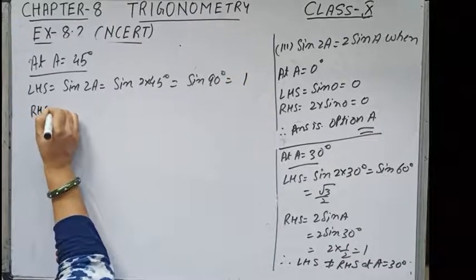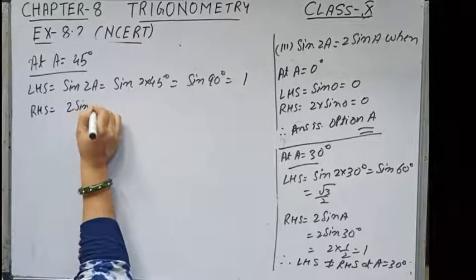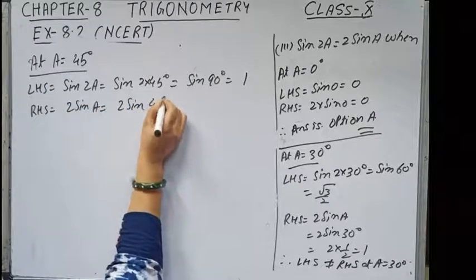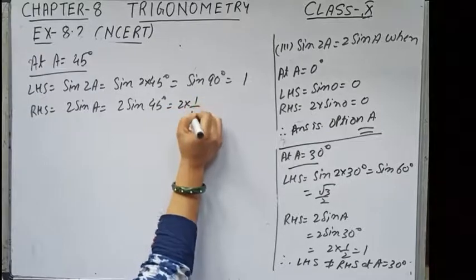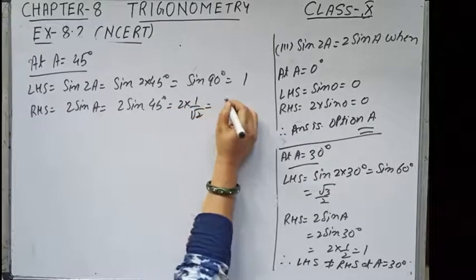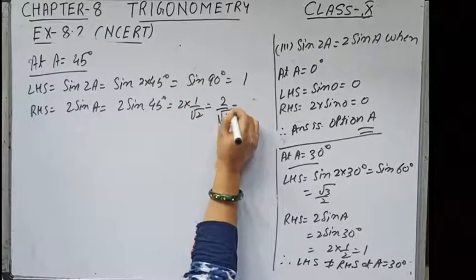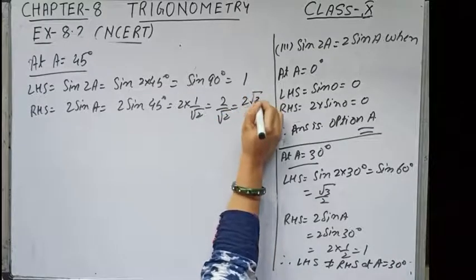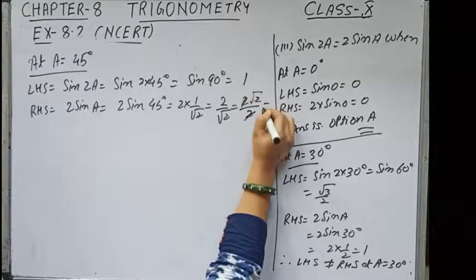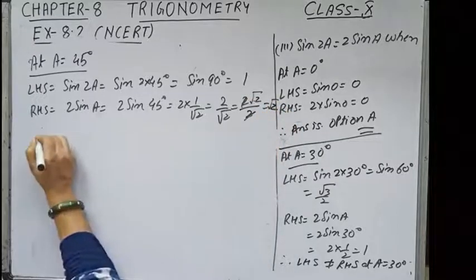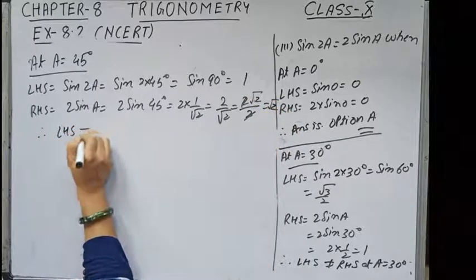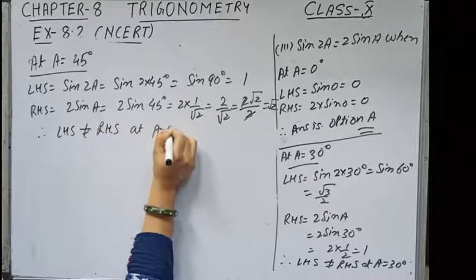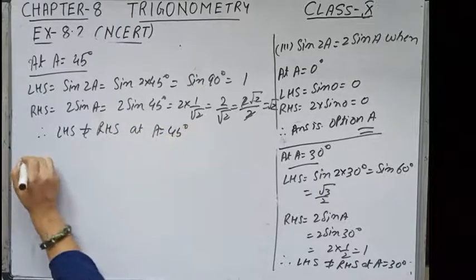And RHS equals 2 sine A equals 2 sine of 45 degree equals 2 into 1 by root 2 equals 2 by root 2 equals 2 root 2 by 2 equals root 2. Therefore LHS is not equal to RHS at A equals 45 degree.